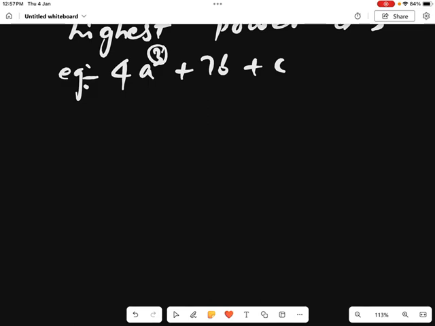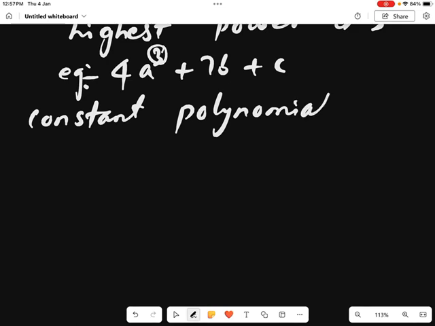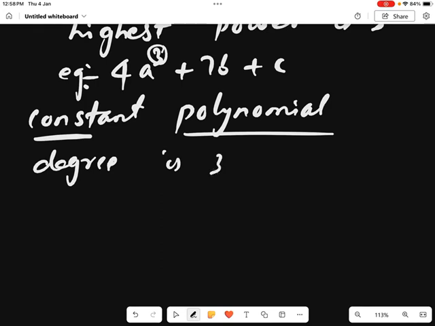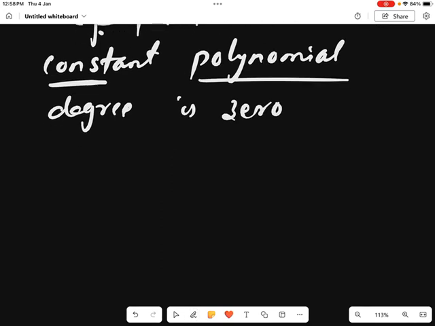The next, constant polynomial. Degree 0 is called constant polynomial. For example, x raised to 0, the degree is 0.